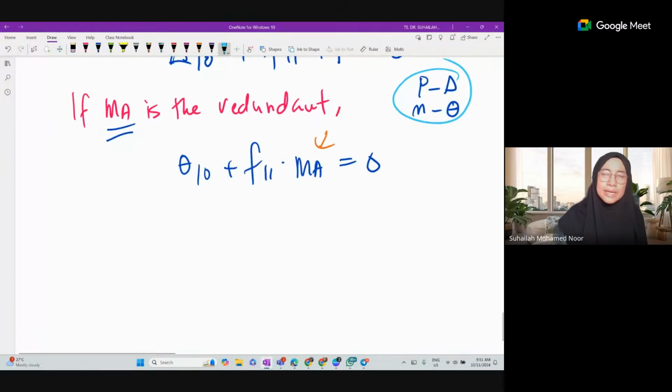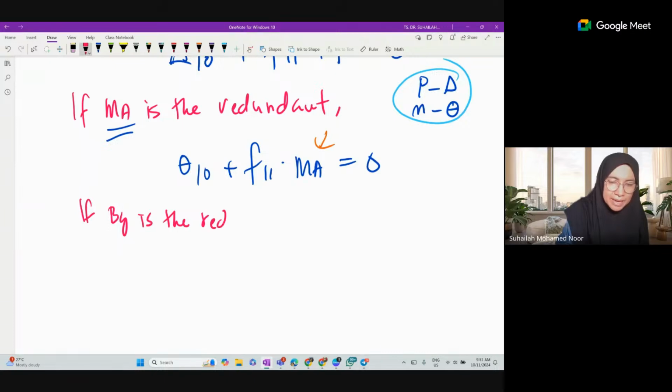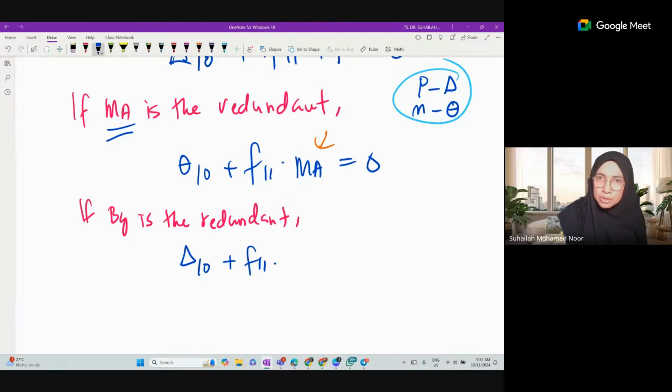So, if another one, if BY is the redundant, it is delta 1 naught plus F11. Okay, change to BY here.